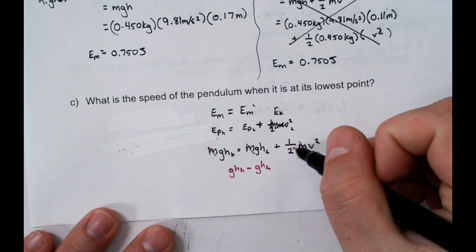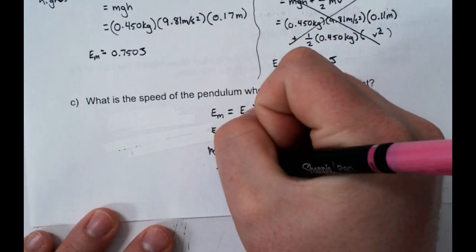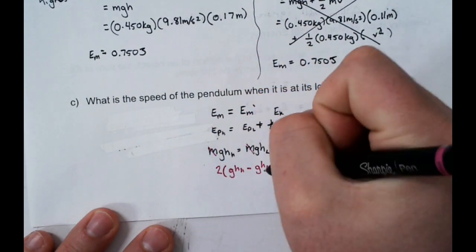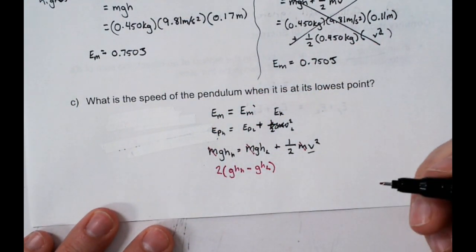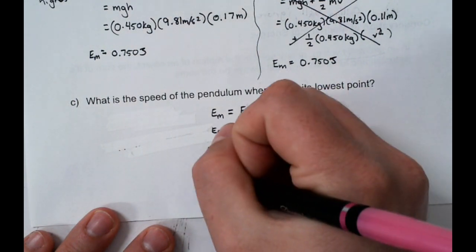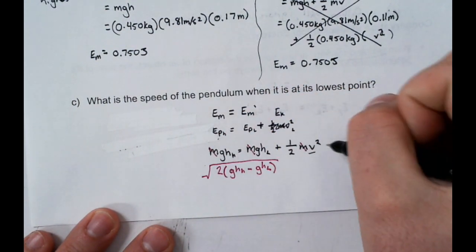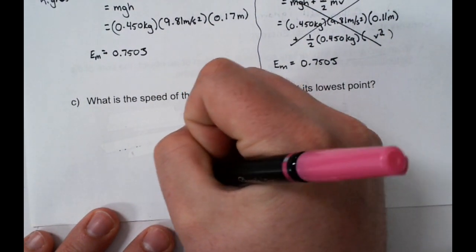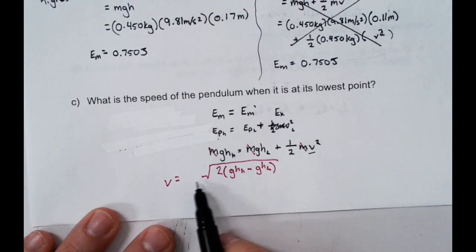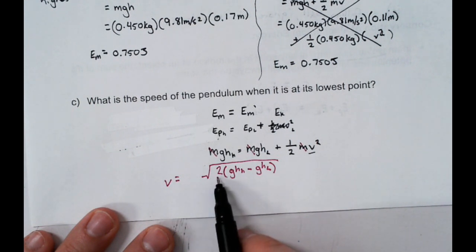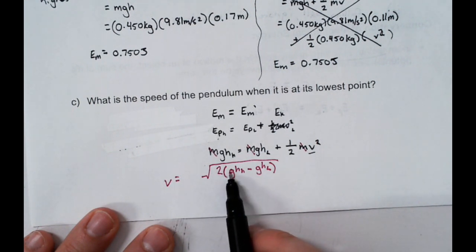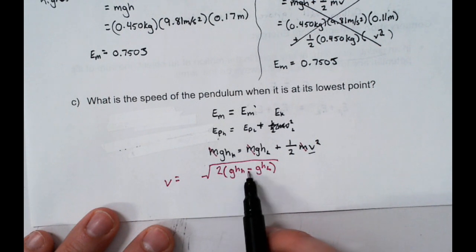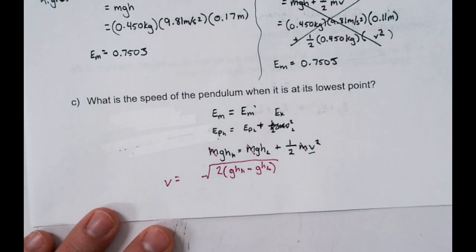We have 1/2, so we're going to multiply by 2, and we are going to take the square root to cancel out the squared. So velocity is equal to the square root of 2 times g at its highest height minus g at its lowest height.